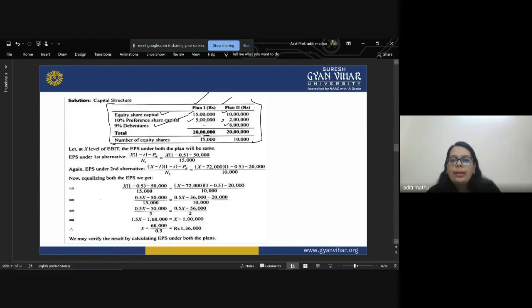So the total capital for both the plans is 20 lakh. The number of equity shares for plan A is 15,000, and for plan B it is 10,000. So now we have to calculate the EBIT where your EPS is the same.